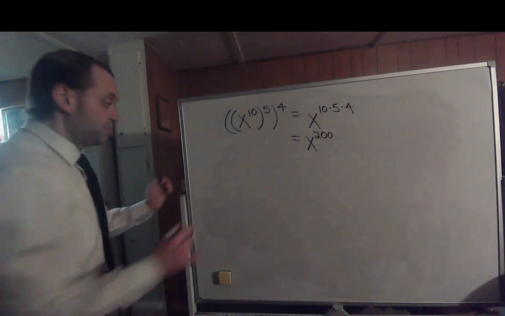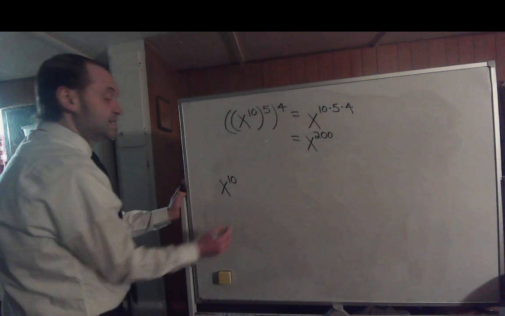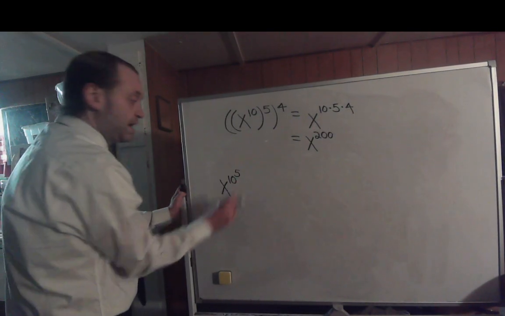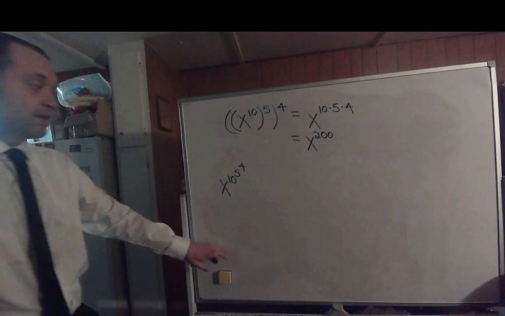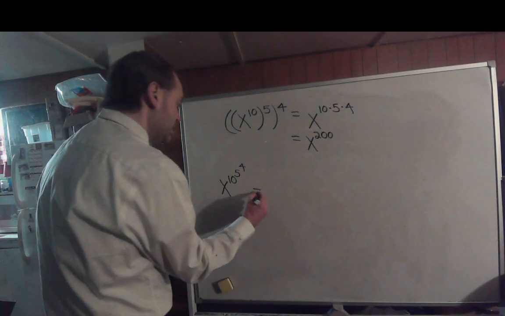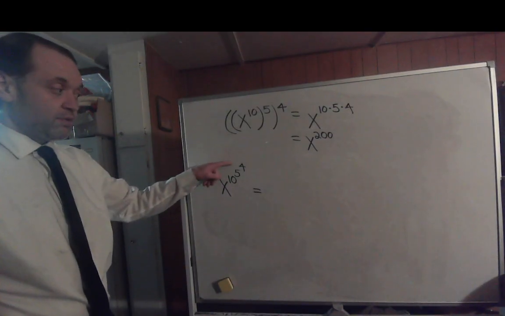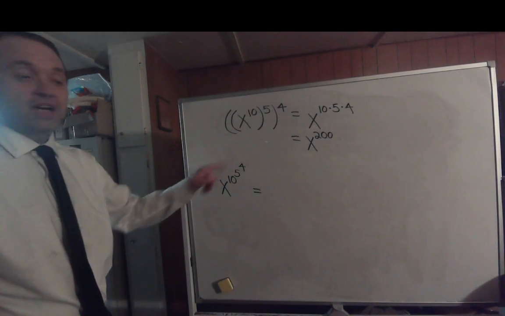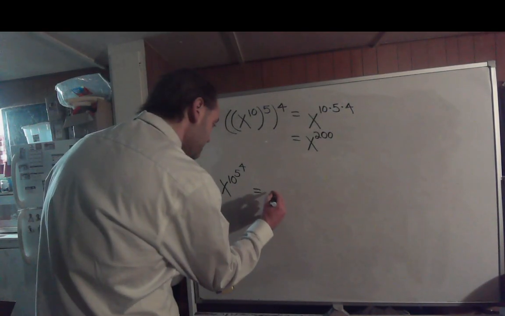Now let's do it as a power tower. So we'll take x to the 10th power. That 10th power is raised to the 5th power. That 5th power is raised to the 4th power. We have a power tower. Well, so you start with your outermost powers for a power tower. What is 5 to the 4th? That's 625.